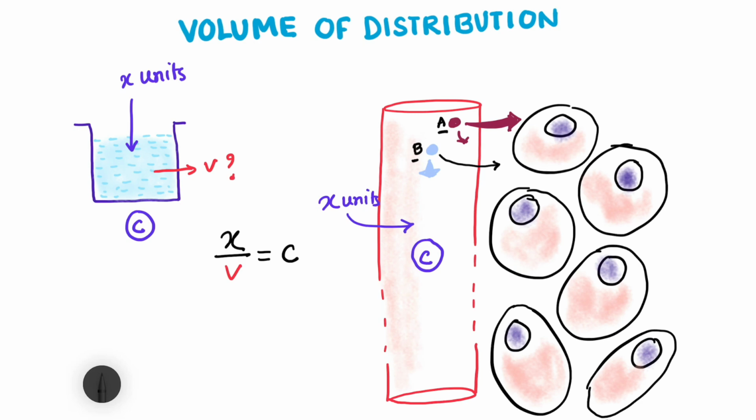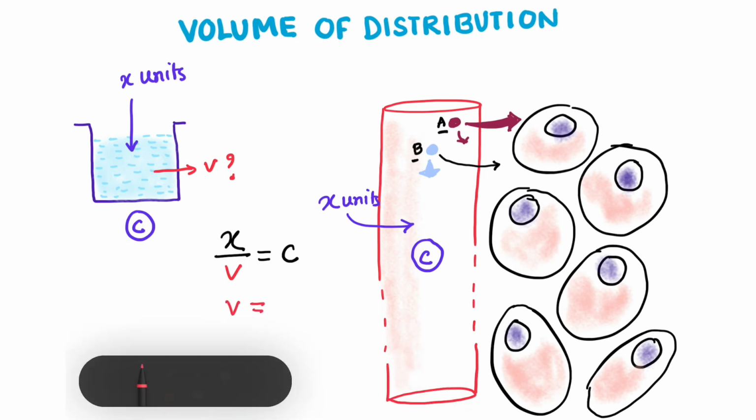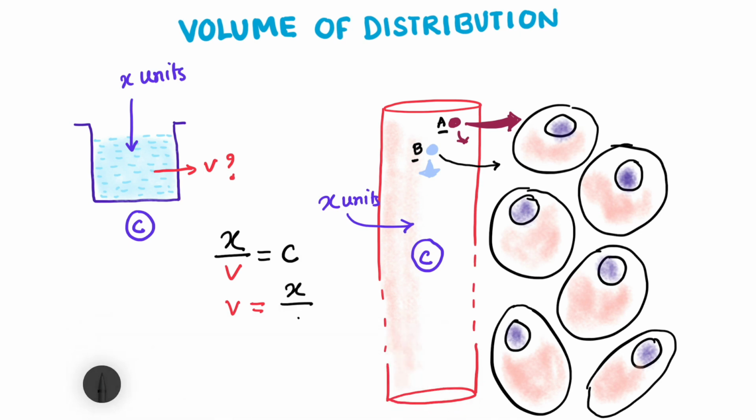If we want to express this in terms of V, then V will be X divided by C. Now this V is termed the volume of distribution. Let us understand this with an example and how this can help us. For now, just remember this expression over here.